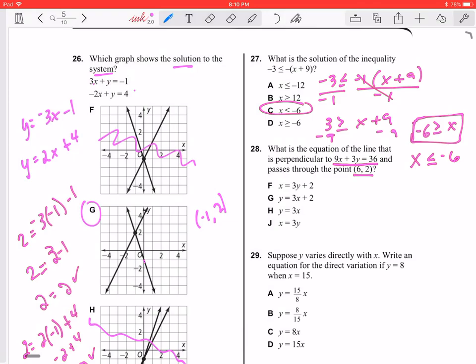So when it's in standard form, we can either put this in slope-intercept form, or I can use m is equal to negative, I believe it's negative a over b.